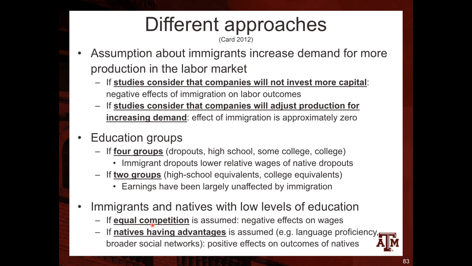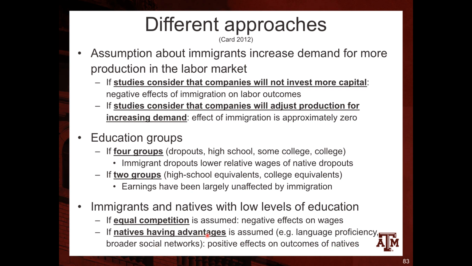When they take this approach, they find negative effects of immigration on the wages of US-born workers. But if studies consider that US-born workers have an advantage over immigrants, then they find positive effects of immigration on the labor outcomes of US-born workers.